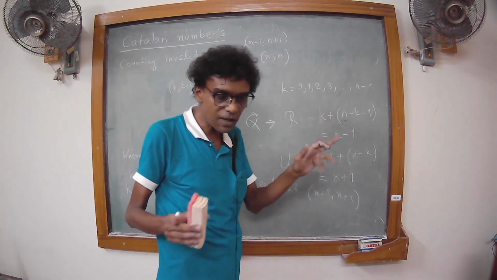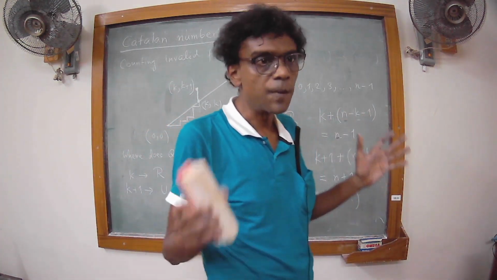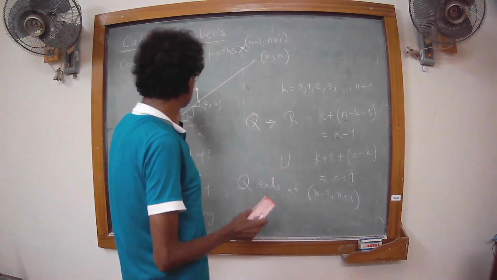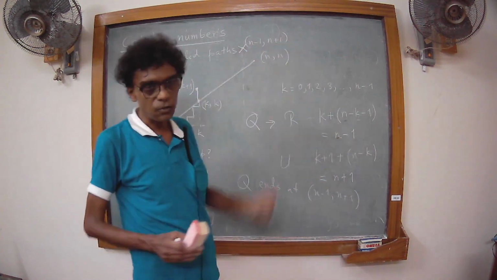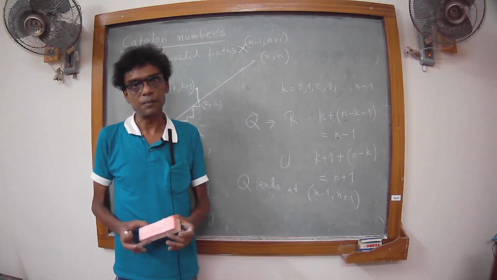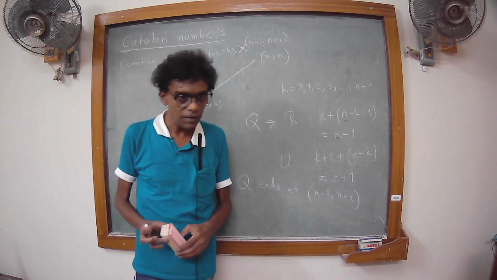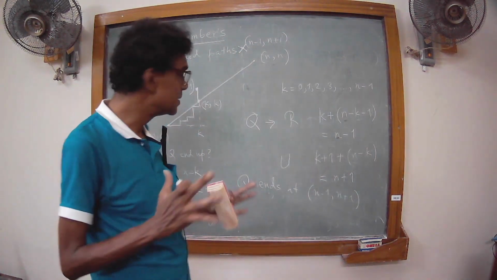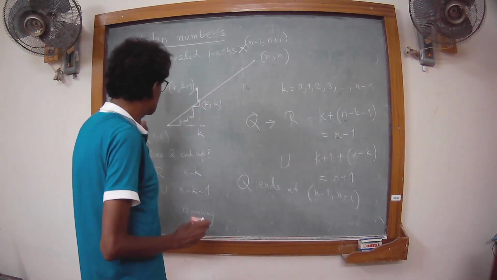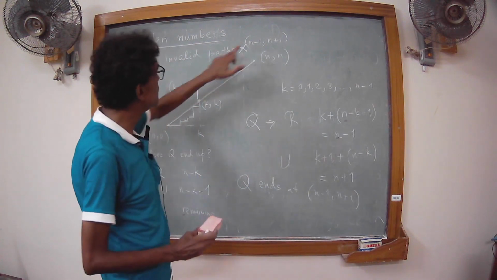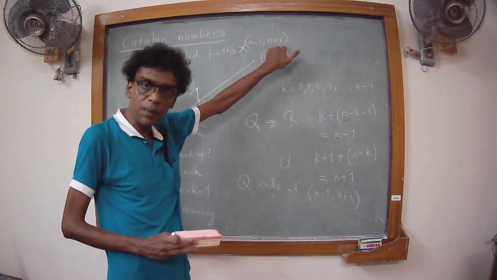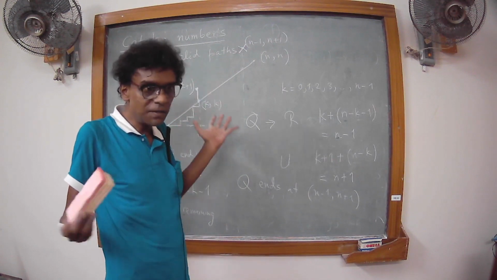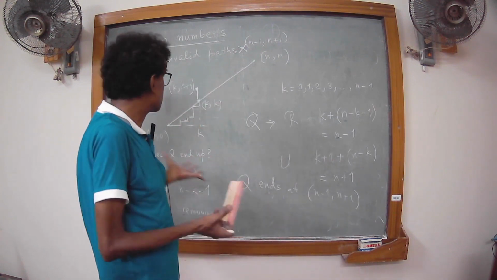In other words, the construction from an invalid path P to a path Q from 0, 0 to n minus 1, n plus 1 is reversible. Therefore, the number of invalid paths is exactly equal to the total number of paths from 0, 0 to n minus 1, n plus 1. And these are unrestricted paths.